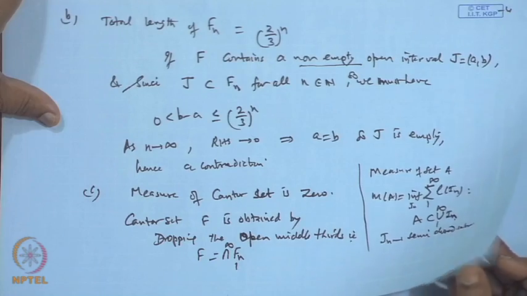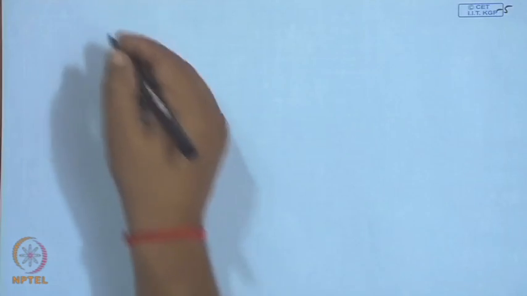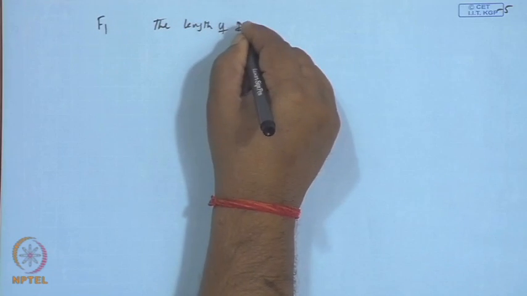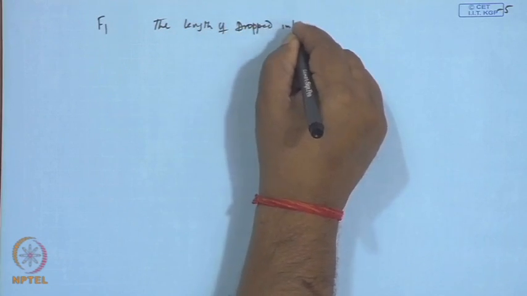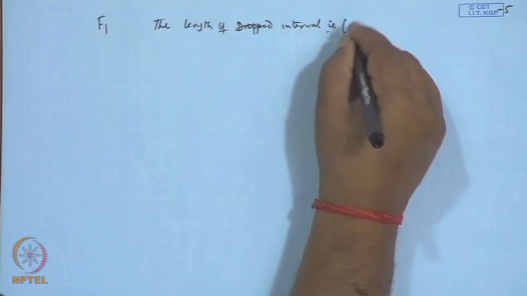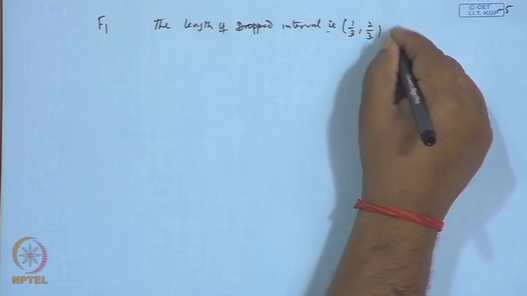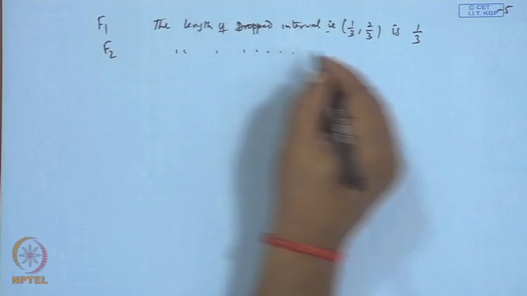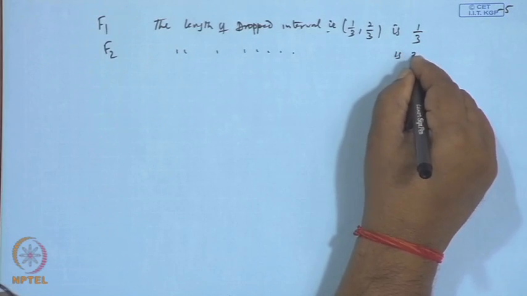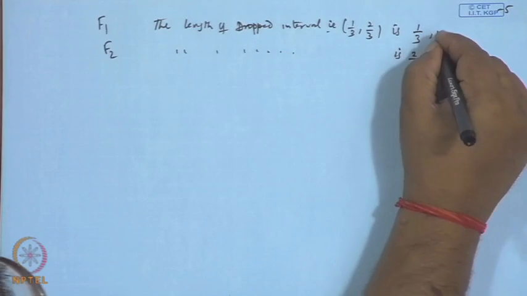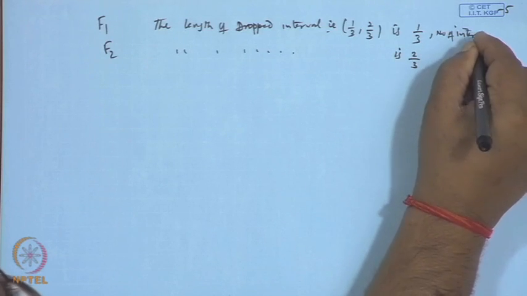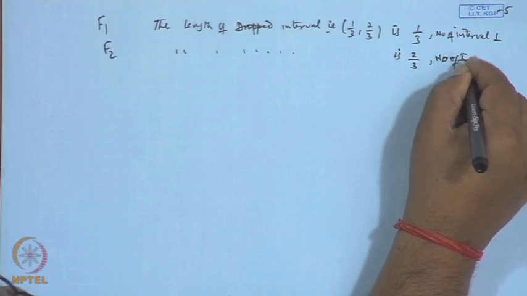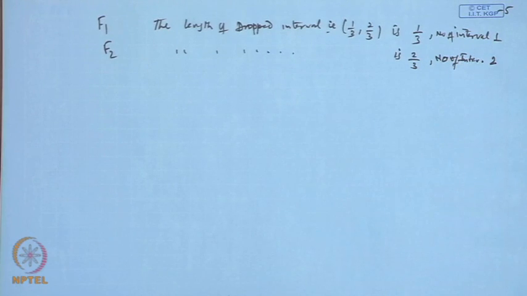So, when you drop the middle one, what happens to this? In the first case, F_1, the length of the dropped interval is 1/3. In the second case, the length of the dropped interval is 1/3 squared, and the number of intervals is 2, while in the first case the number of intervals is 1. Then continue this.